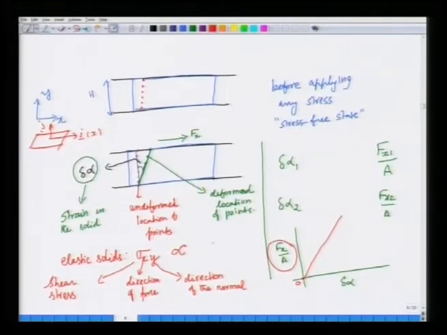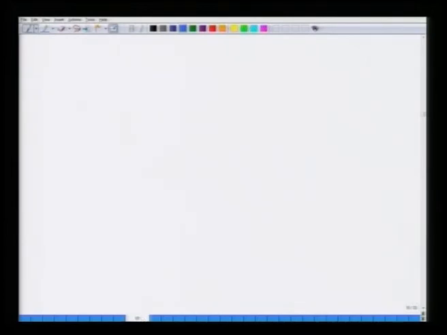This is what one will find if we do this experiment for a solid. The stress is directly proportional to strain in a solid. So, for an elastic solid, stress is proportional to strain.